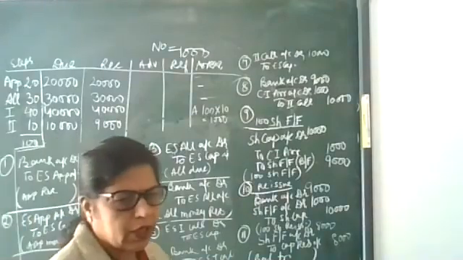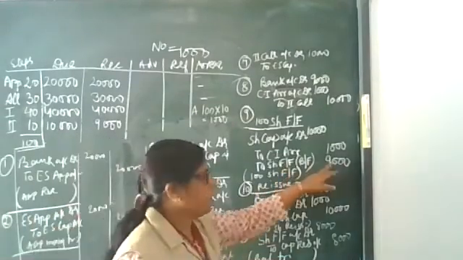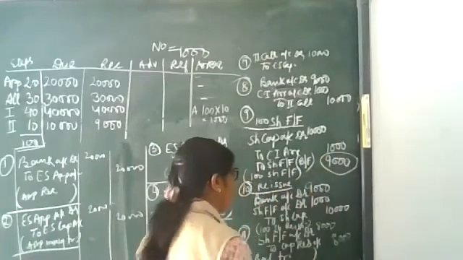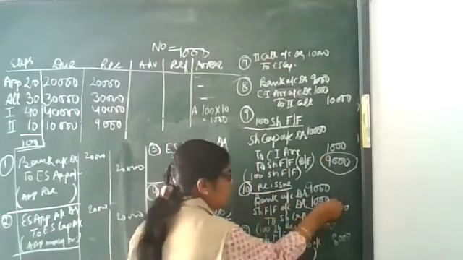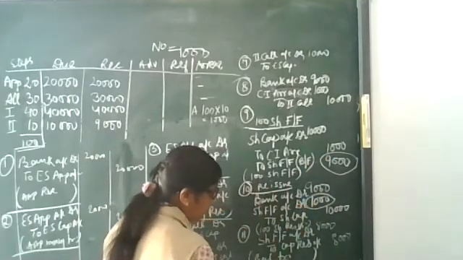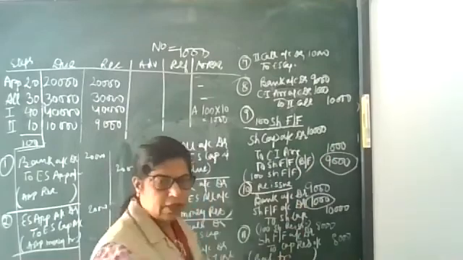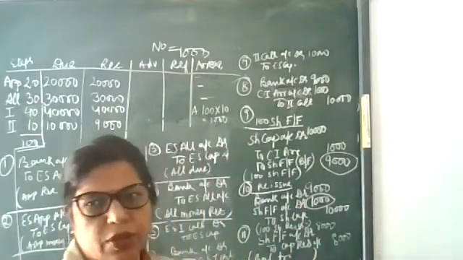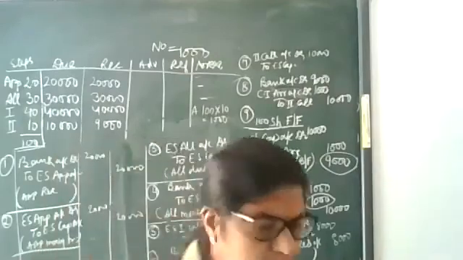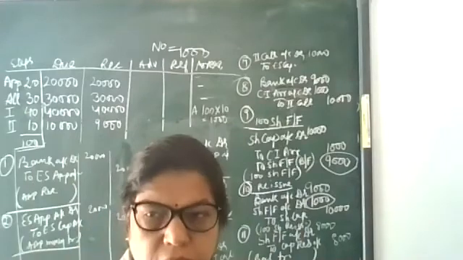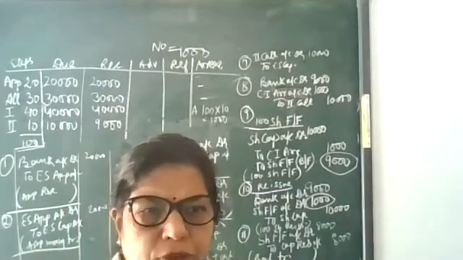How do we get the answer? See, credit amount is 9,000. Debit amount is 1,000. So credit minus debit, that is 8,000. Okay, balance transfer. I'm sure you must be able to understand that this is the complete numerical. If you have any doubt, you can ask.